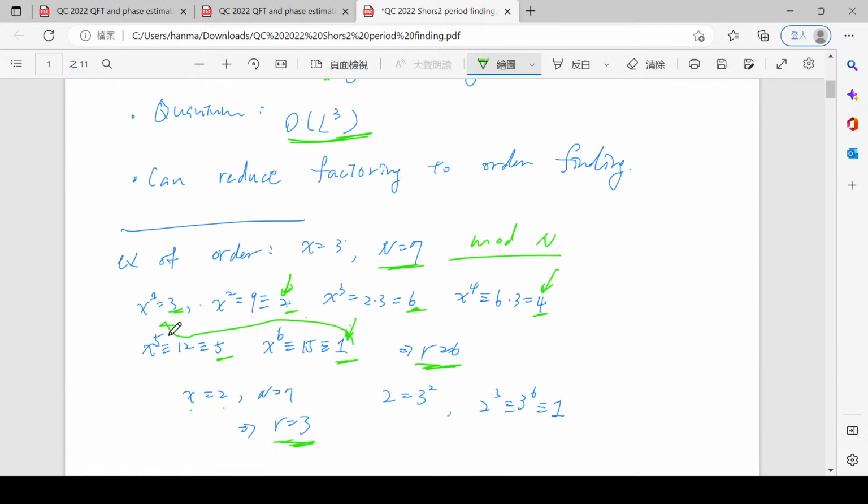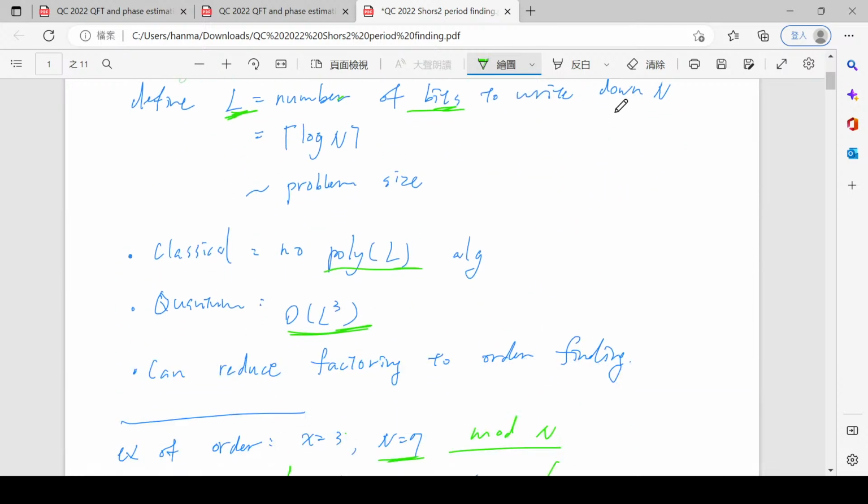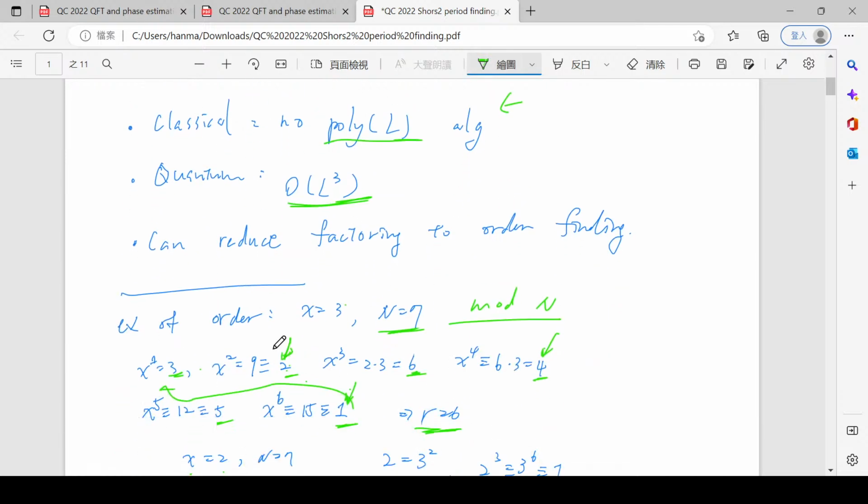And let's show a little bit of why we cannot do this classically. It's not quite a proof. Think about this algorithm: we do order finding by brute force, multiplying x with itself, and keep multiplying until we hit the order.